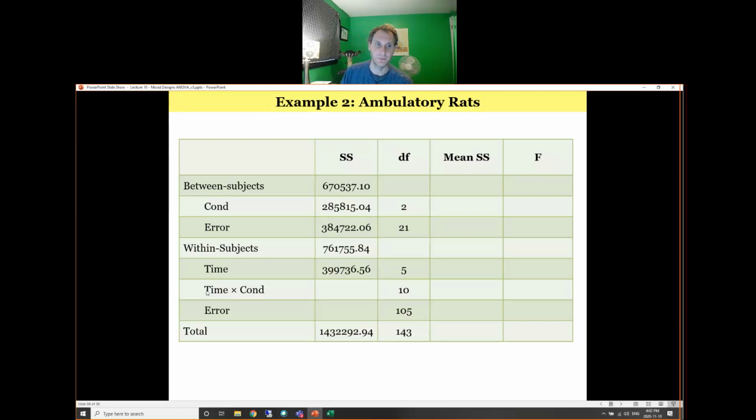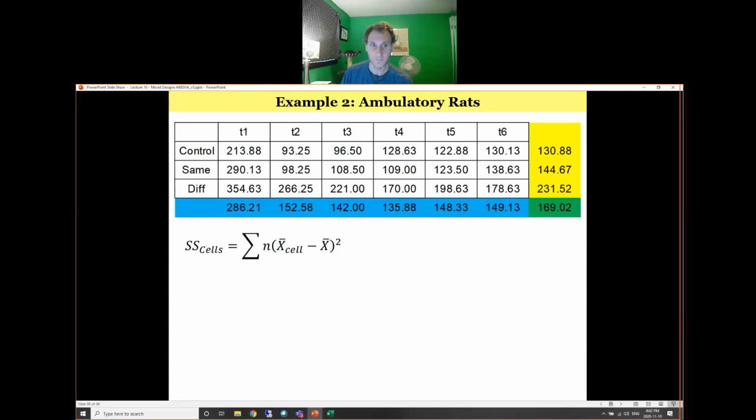Next, I need to do my interaction term, but remember I can't go directly to that. The first step is to compute my sums of squares cells. Here I'm just taking the mean of each cell, subtracting the grand mean, and multiplying by the number of rats in each cell, which is 8.